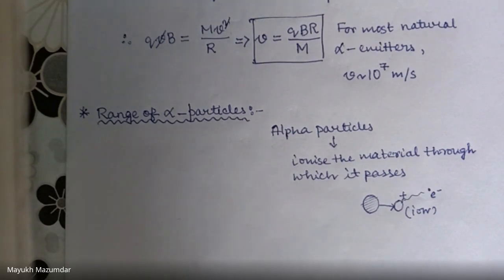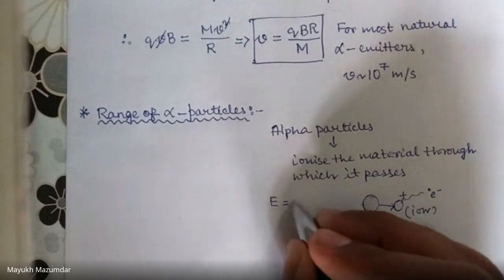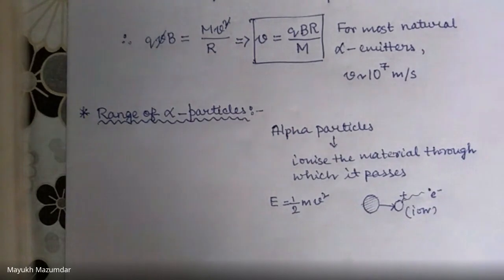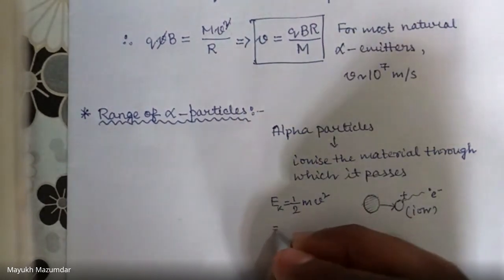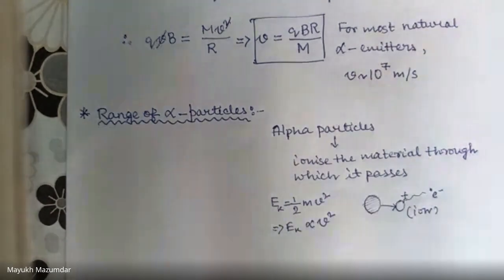It loses some of its kinetic energy, isn't it? Because whenever it is knocking out something, the energy is being lost to ionize that atom. If I am losing kinetic energy, that means I am losing my velocity as well, right? The kinetic energy is dependent on the velocity if mass is fixed.